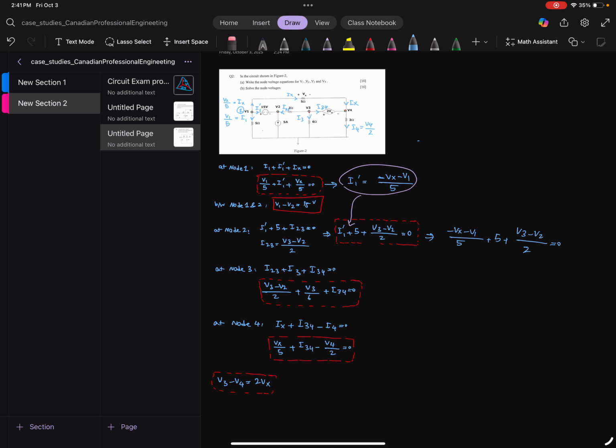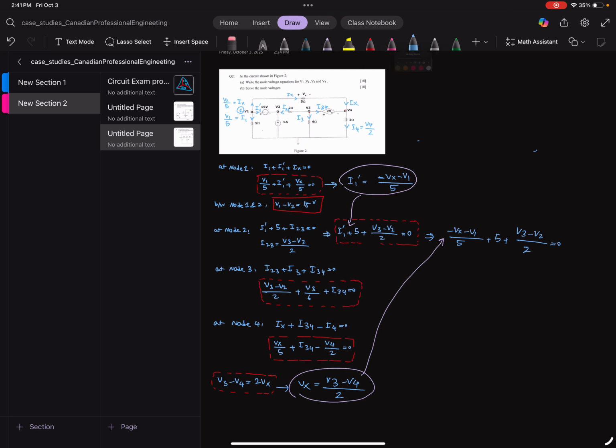So that would give us, oh, actually, no, that's a great idea, because here we can replace Vx with V3 minus V4 over 2. Okay, so all we need to do is bring this equation to here, so at least we would get one other good equation that only has V1 till V4.